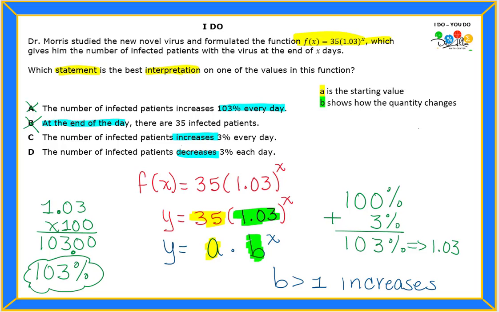So that's how I know D cannot be the answer. And letter C says the number of infected patients increases 3% every day. And that's true. It's 100, that's how much I start with, and this is how much it increases, 3%. So the answer for this is letter C. Very good.